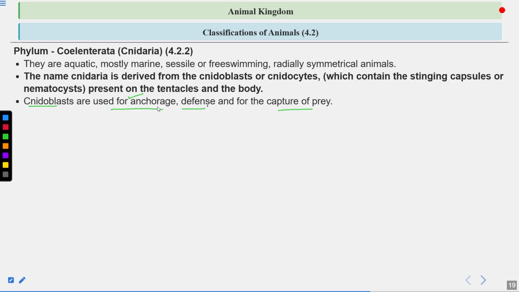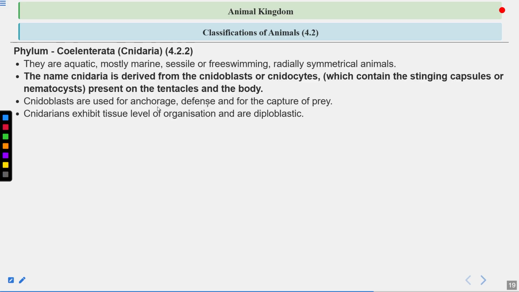They fight with them. They can even capture their prey with the help of these cnidoblast cells, because they have a sting-like, needle-like thing that can penetrate the organism and make it paralyzed. So with the help of the tentacles, that paralyzed animal can be taken as food.